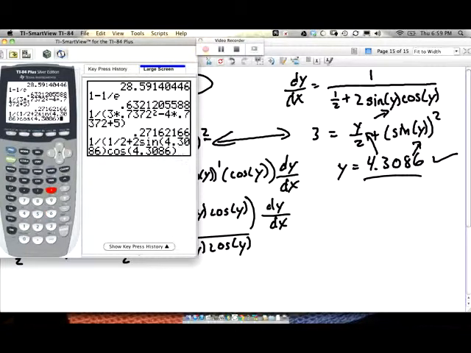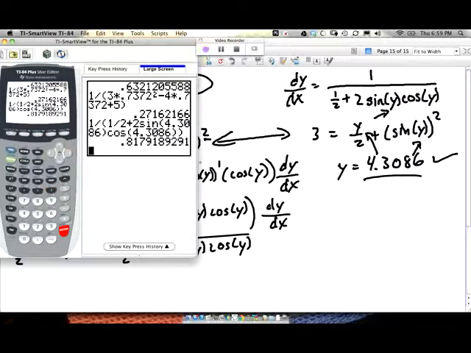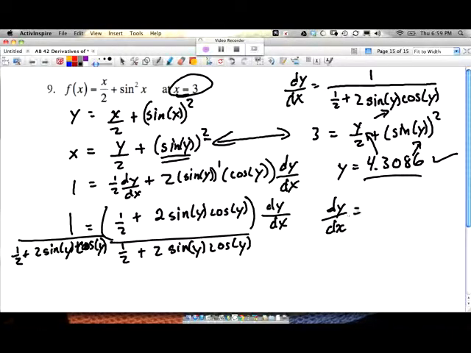We've got to close all that off. There we go. 0.8179. So dy dx equals 0.8179. Check. Now we're done.